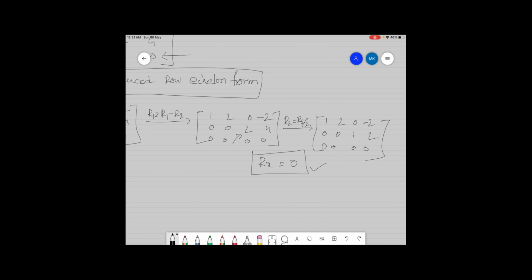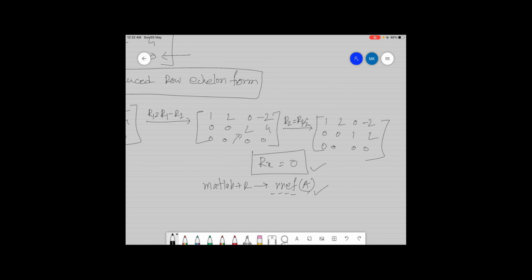In MATLAB you can immediately get this R from the command rref of A, reduced row echelon form of A.